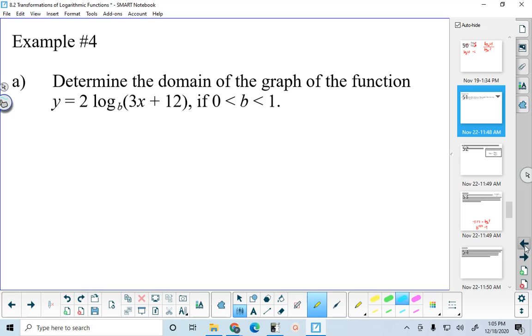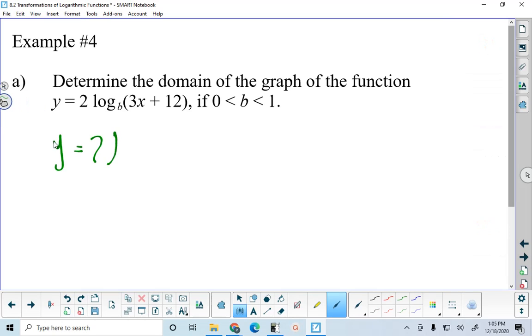If I were to rewrite this function in 4a, I could write y equals 2 log base b of 3 times x plus 4. Remember that the asymptote tells us where the domain starts from. So the asymptote will be at x equals negative 4.